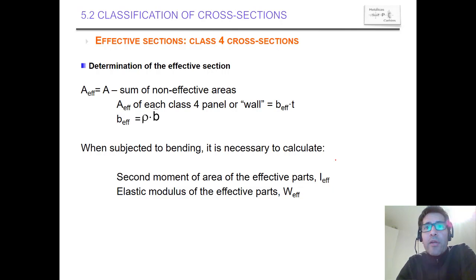So we will calculate three magnitudes now. Or first of all, we need to calculate one magnitude, rho. With that, we can calculate a new magnitude Aeff, another Ieff, and another Weff.